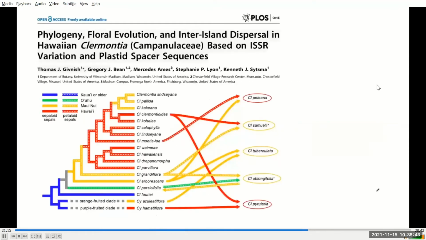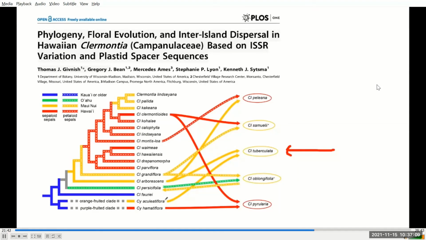Another benefit of the quartet analysis is the ability to scan across many hundreds of different accessions looking for signs of hybridization. In 2013, Givnish et al. published this paper on Clermontia, and among others, he proposed that Clermontia tuberculata, rationally so, is a hybrid between arborescens and aculeata flora.